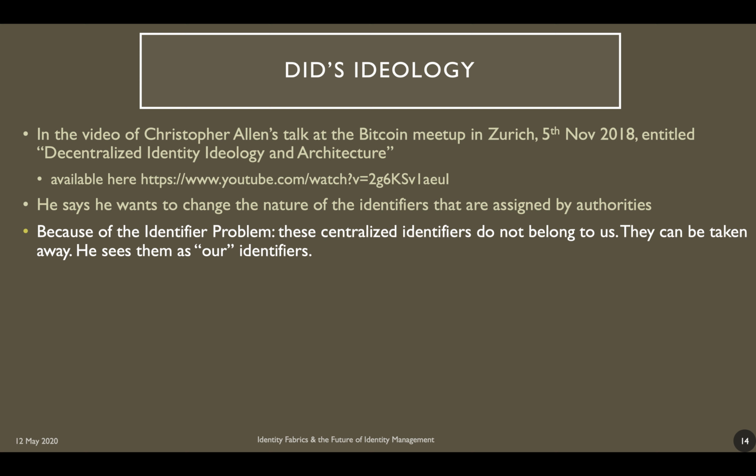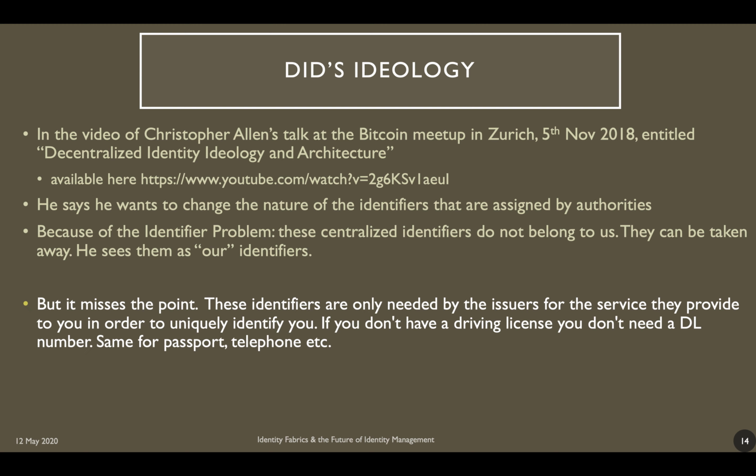They can be taken from us, and he sees them as our identifiers. But I think this misses the point. They're not actually our identifiers. They are the issuer's identifiers, and he needs them in order to differentiate one user from the other. They're the unique keys into their database. So they're not going to get rid of them. They absolutely have to have them for their system to operate.